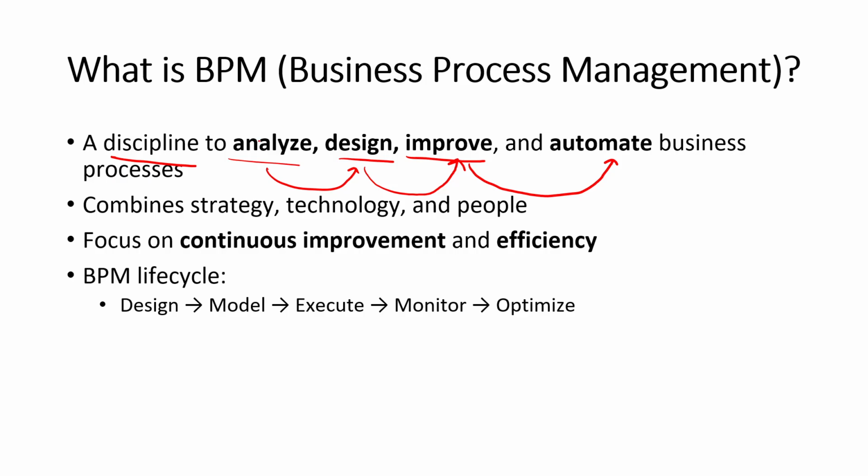So this life cycle is what we need to consider whenever we talk about the BPM life cycle. It's basically a combination of strategy, technology, and people. It's not only about the technology. We need to make sure that everyone is involved. Let's take an example of downloading a file which is available somewhere.